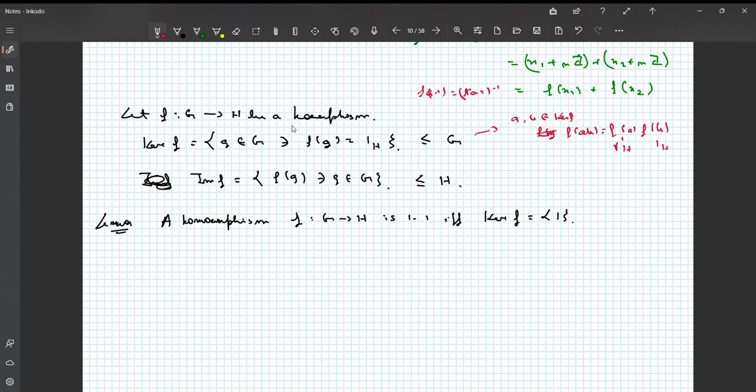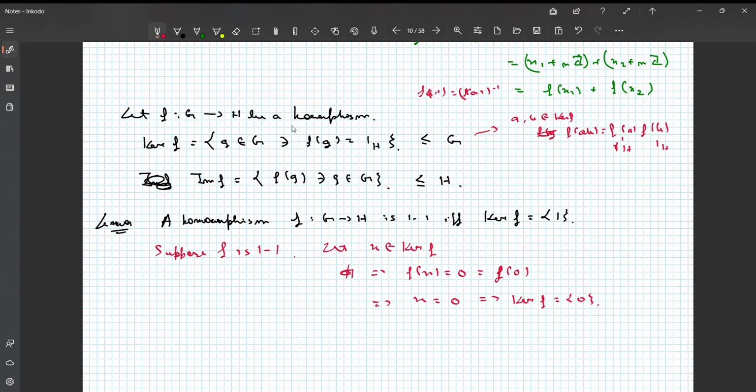Now suppose f is one-one. Let x be an element from the kernel of f, so f of x equals the identity. But we know f of the identity is also the identity by properties of homomorphism. Since f is one-one, x must be equal to the identity. That implies the kernel of f must only be the identity element.